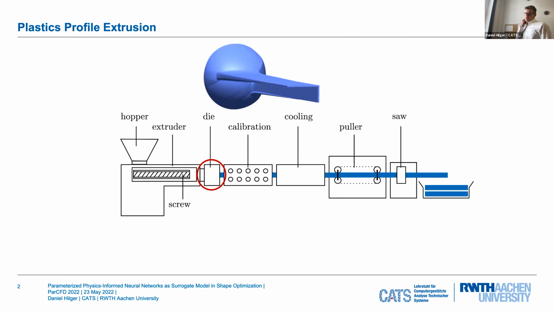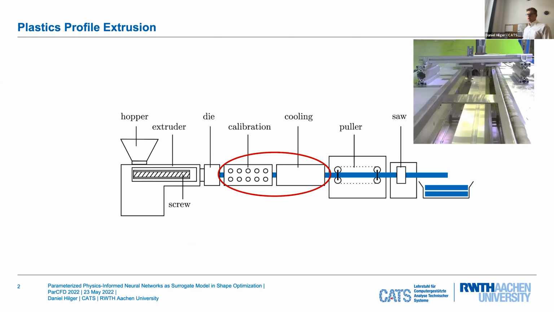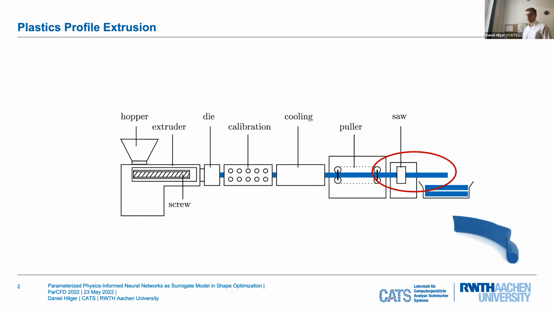This is the part that is of interest, especially in this talk. Further in the extrusion line, we have the calibration and cooling unit where we cool down and solidify the extruded material, and later pull it off and cut it into process-specific pieces.